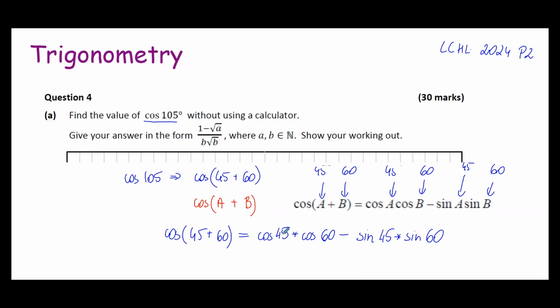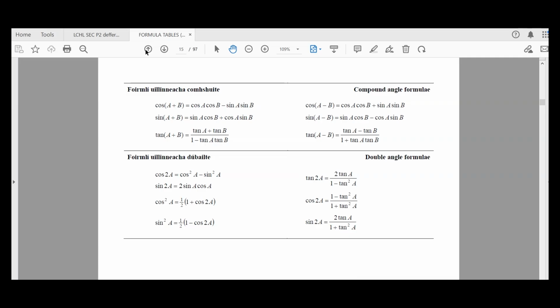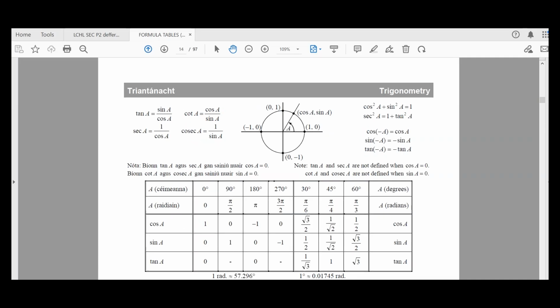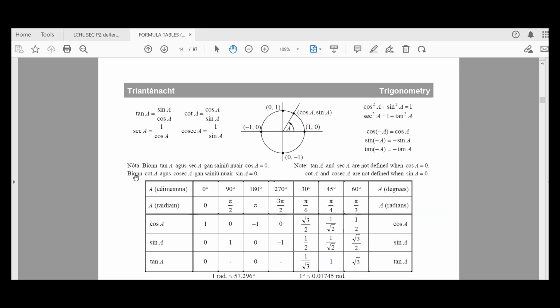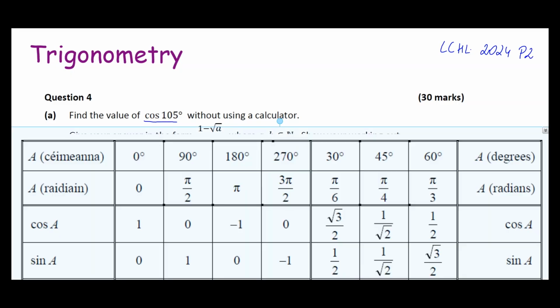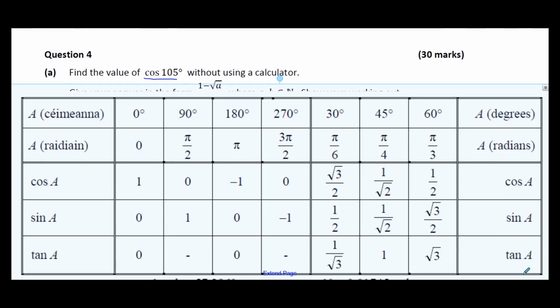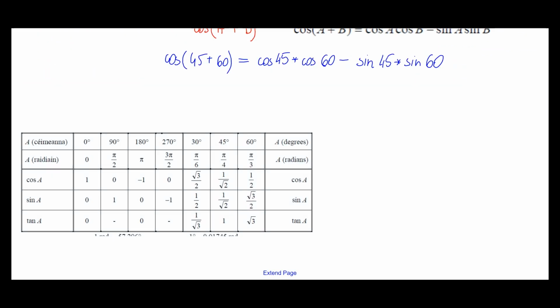Okay, now let's go to our table and find the values for each one of those. So cos of 45 is 1 over square root of 2, multiplied by cos of 60.